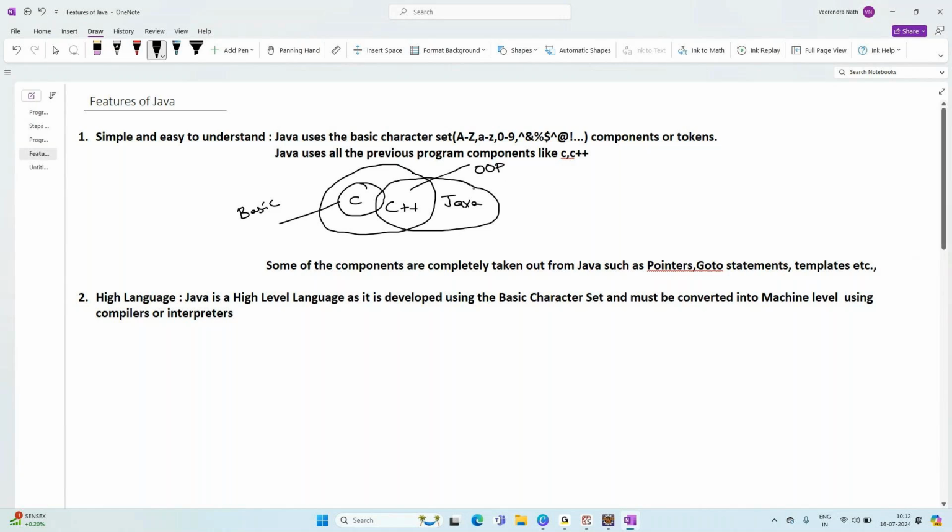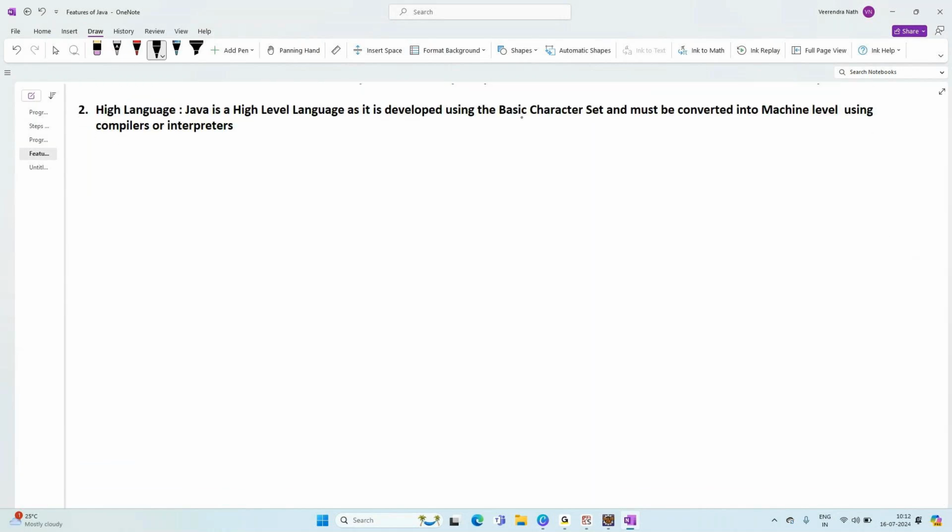We'll talk about what is object oriented programming and object. As I've told you, Java is a high level language, so it is developed using the basic character set and must be converted into machine level. Now, our understanding is what is this machine level? What are the different kinds of conversion that generally take place?